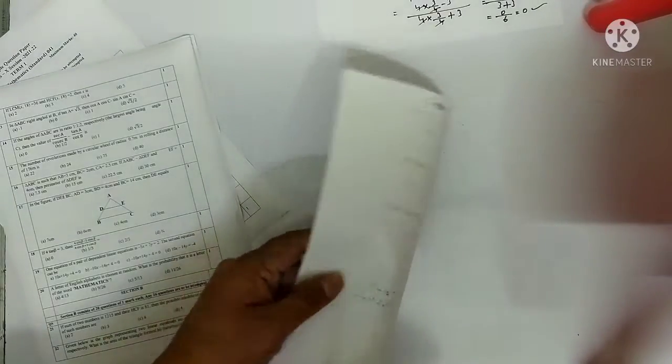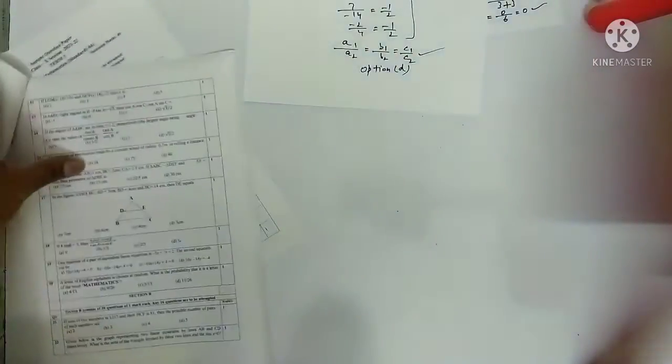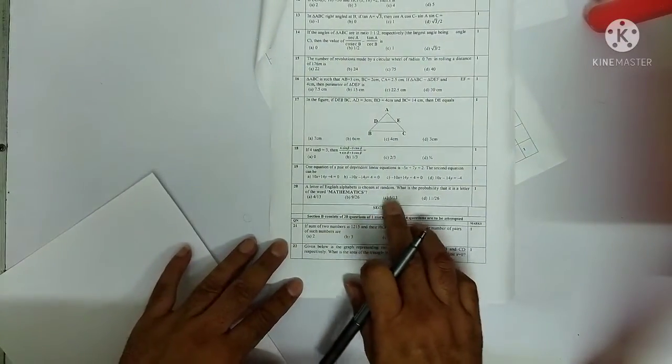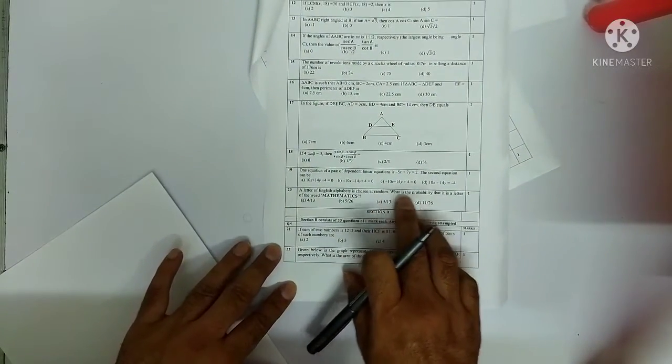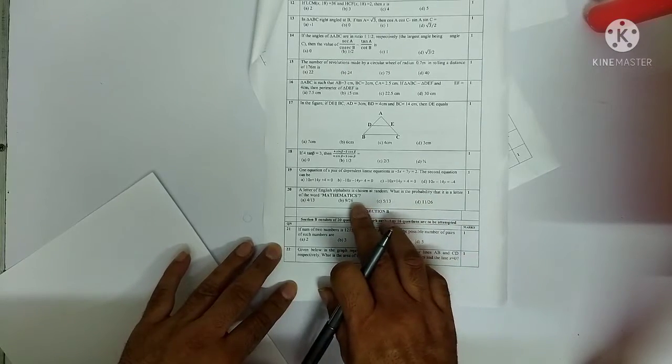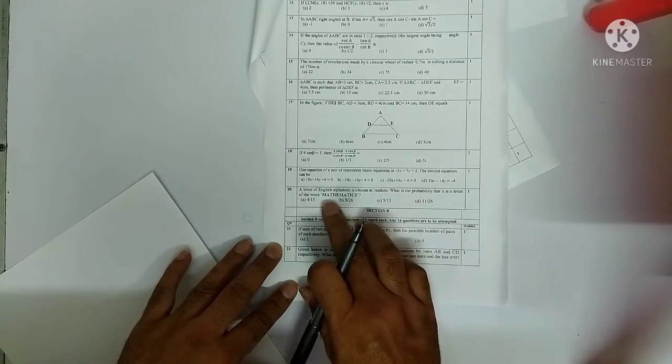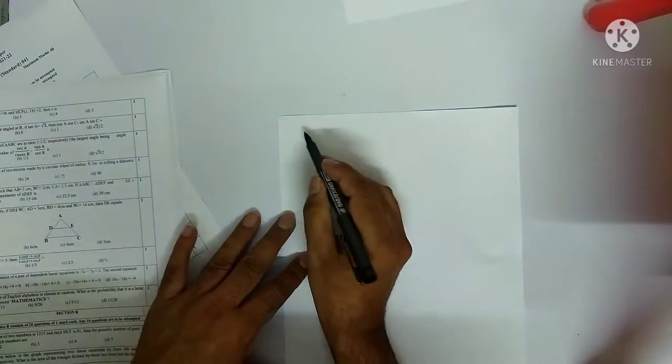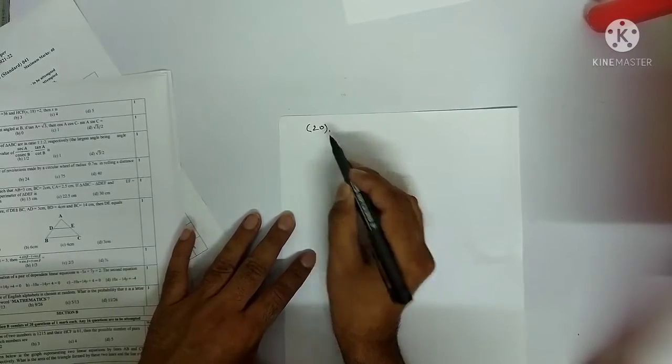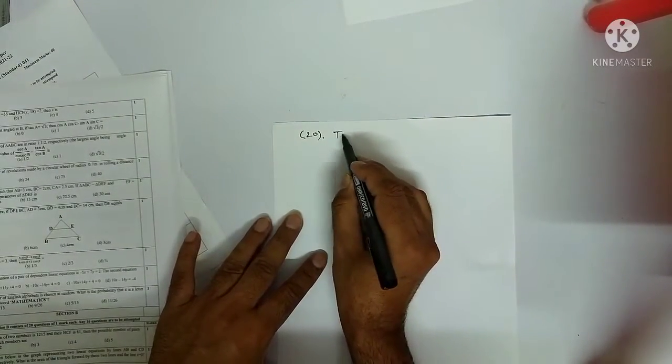Now question number 20 we will do. A letter of English alphabet is chosen at random. What is the probability that it is a letter of the word mathematics, right? So how we will do this question? First of all, how many total possible outcomes are there?